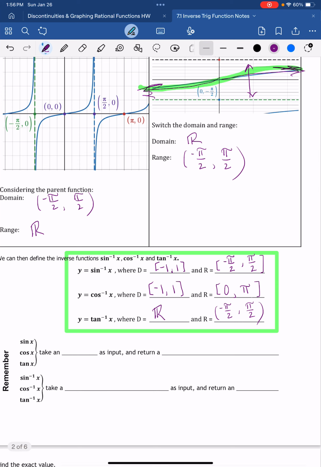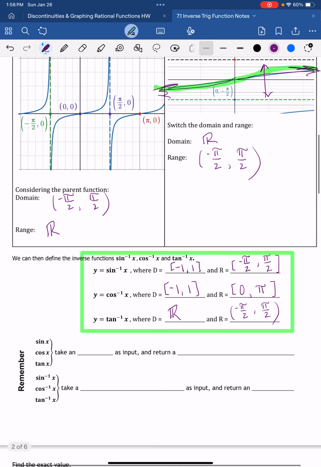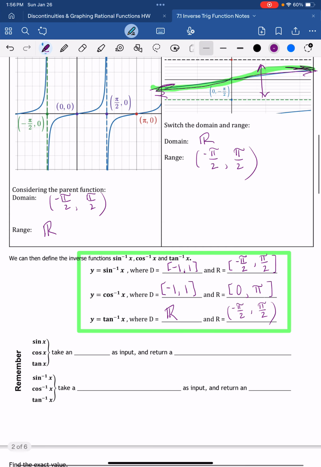Okay, so for sine, cosine, and tangent, we're going to take an angle as my input, and we're going to give out a ratio of side lengths.